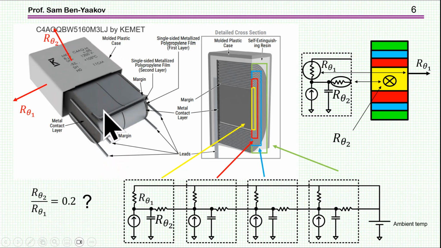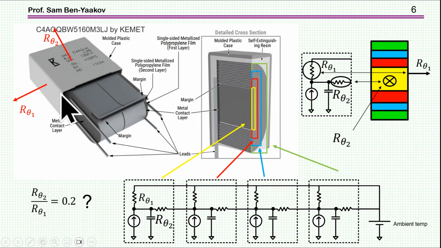And in this case, of course, the heat is now generated throughout this volume because of the losses of the dielectric material, that is the polypropylene. And then this heat is transferred to the outside through here, this way, and also, of course, this way. This is actually a quarter of the volume here.